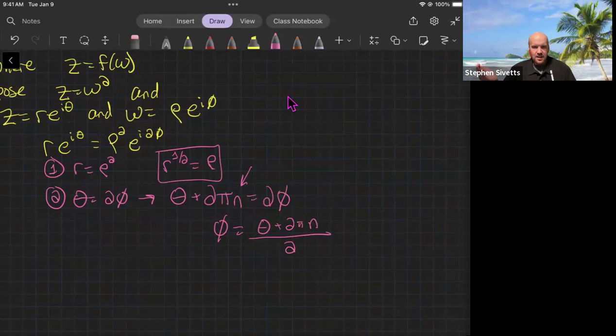So what we need to do is look at a branch cut for theta, which means we want to look at the principal branch of theta.